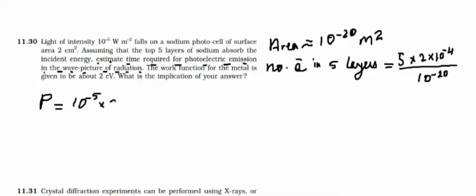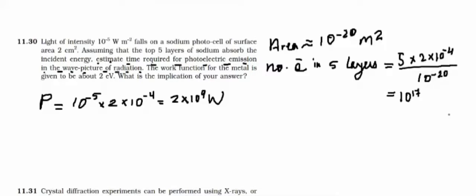So we have 2 into 10 power minus 4. So you will get the answer 2 into 10 power minus 9 watts is the total power in that area of the photo cell. While here approximately you will get the answer 10 power 17 electrons.